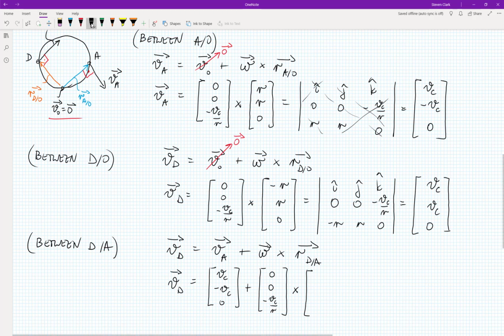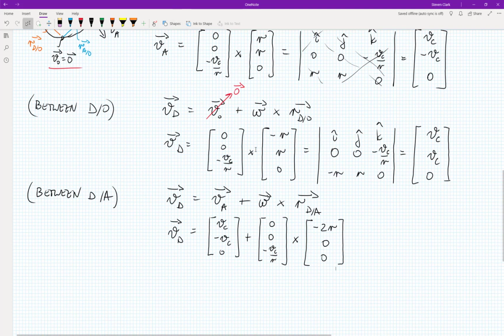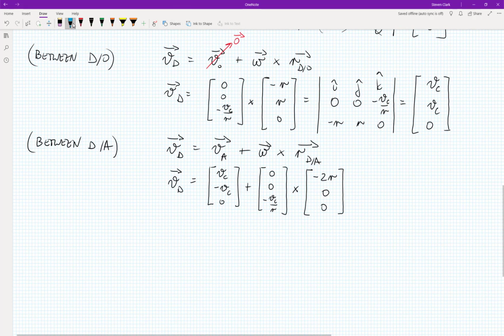I think I'm gonna use green ink to draw it. RDA is here. This is RDA. So this will be minus 2R, 0, 0. Yeah, this is a horizontal vector. Okay, let's solve that determinant, but on the side.